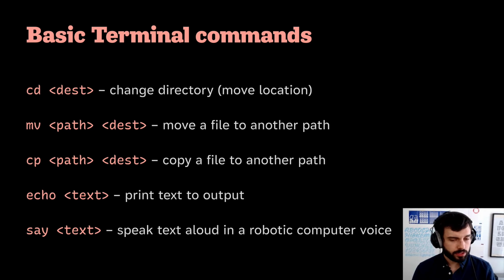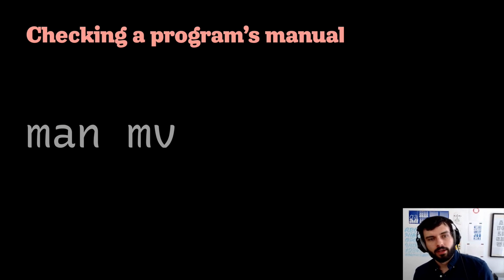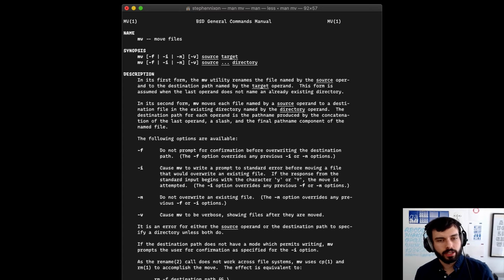I don't tend to use it as much, but it will speak text aloud in a robot computer voice. So sometimes you need to know how a program works pretty frequently. So you might use man, which is actually a program itself, to show the manual, and then specifying the program that becomes really an argument that you're looking at, and it will give you this manual page.